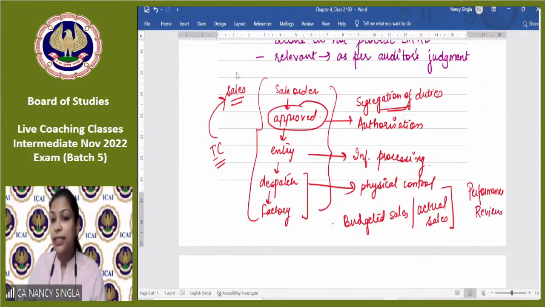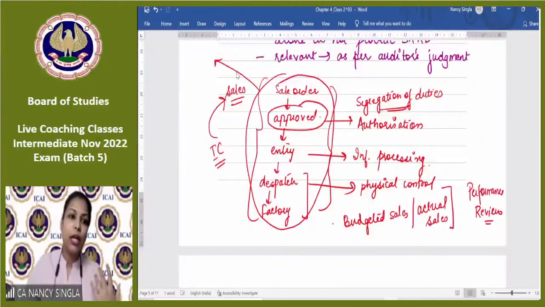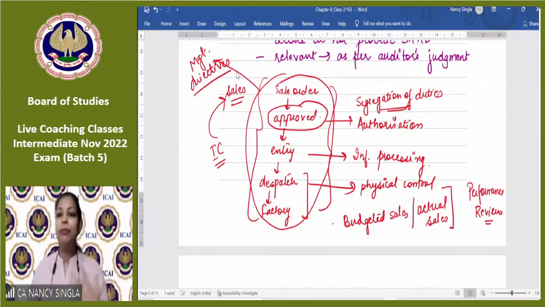Now try to understand the concept of control activities. I hope this simple example is clear. So management has given certain directives. These are what? Management directives. That if sales are made now, this system needs to be followed. Okay?